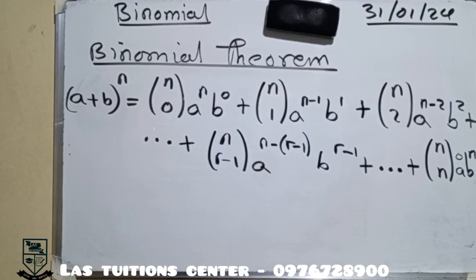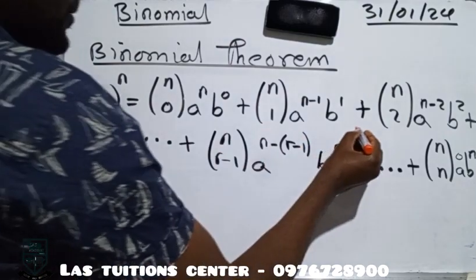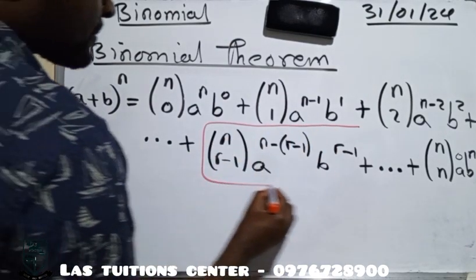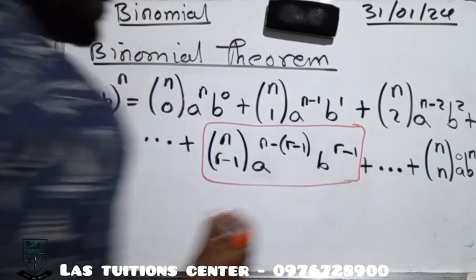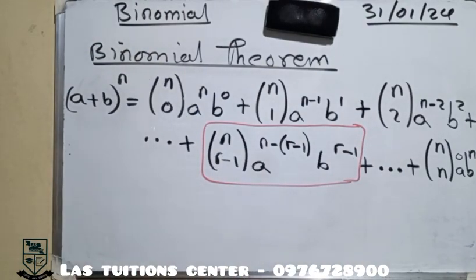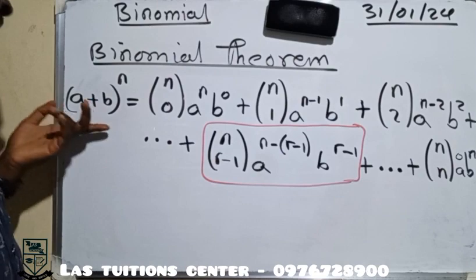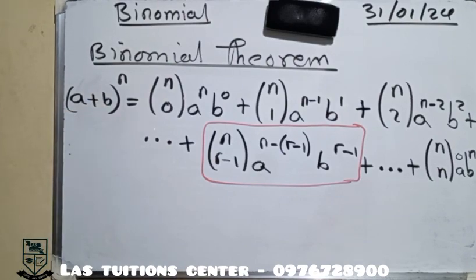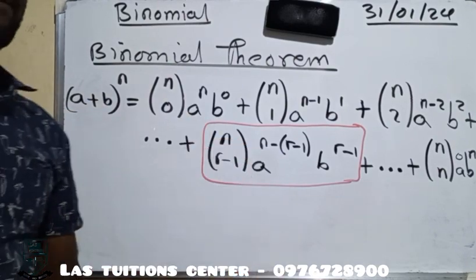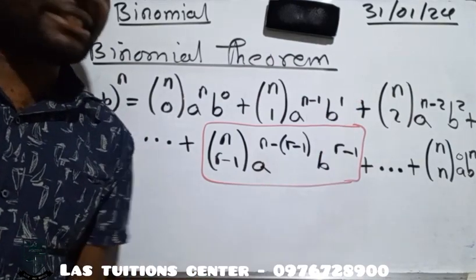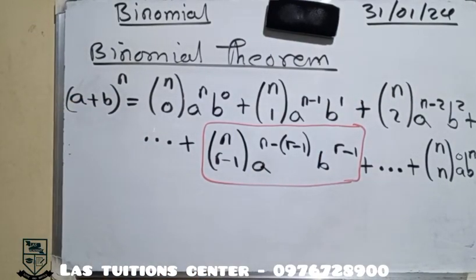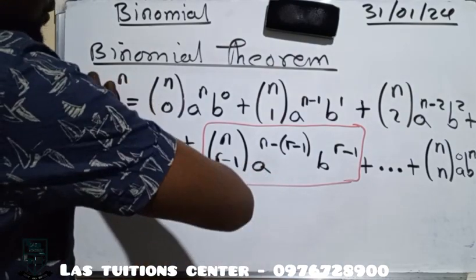Now, you need to pay particular attention to this part here. This part is what we use when we can give you an expansion like this one and simply ask you to find the fifth term in the expansion of this binomial expression. Then when you're finding the fifth term, there will be no need of you expanding all the way.